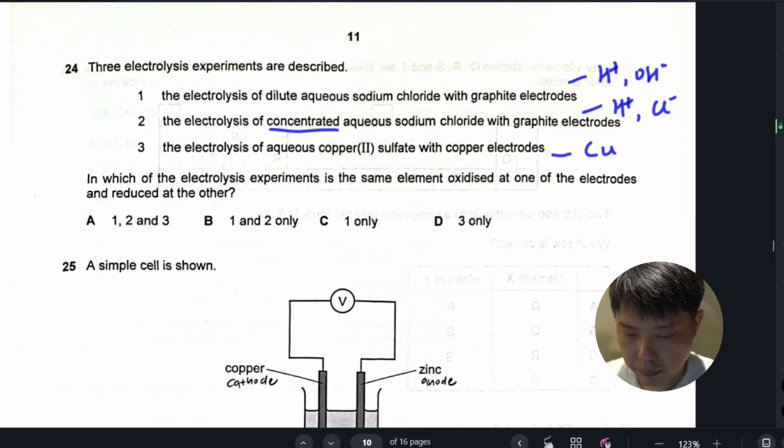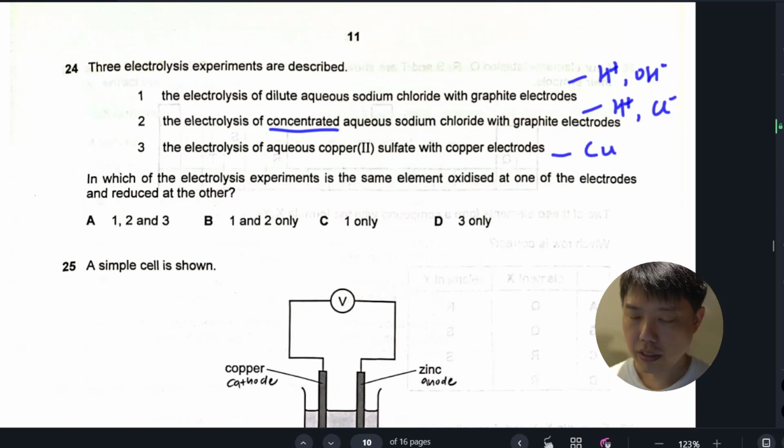Okay, so question 24, 3 electrolysis experiments are described. So they say in which of these experiments is the same element oxidized at one of the electrodes and reduced at the other. So if you look at the 3 options, 1 is just electrolysis of water. 2, when you have concentrated sodium chloride, the chloride is going to be preferentially discharged.